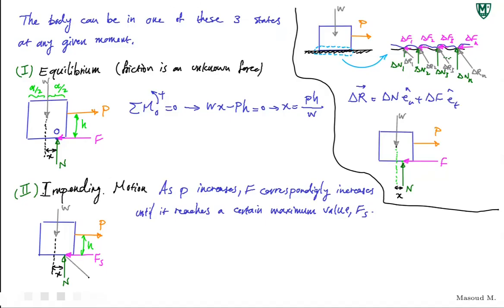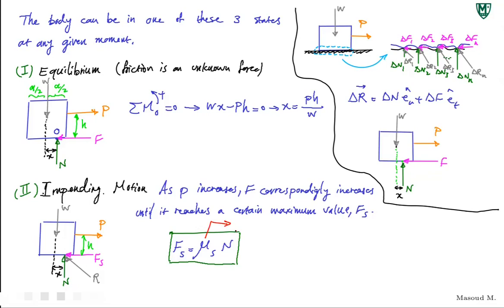This would be your reactive force, R. So your Fs is equal to mu s, a constant, times N. This is the expression for friction when you're in the impending motion state, meaning immediately before the motion starts.